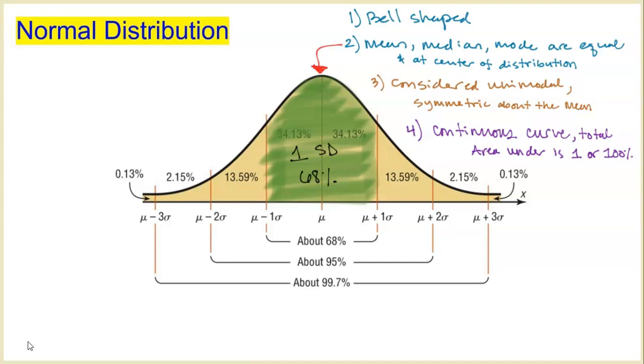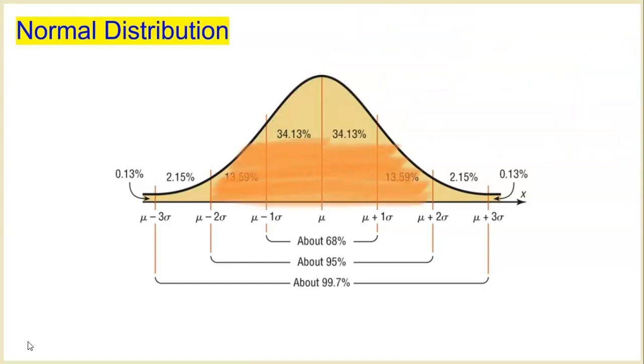So as long as the situation models a normal distribution, then we can guarantee that about 68% of the data lies within one standard deviation. And then as we move outward from the mean, and we get 2 standard deviations away, we contain more of the data. So if I go out to 2 standard deviations, that represents this portion that I've shaded in orange, that is about 95% of all the data.